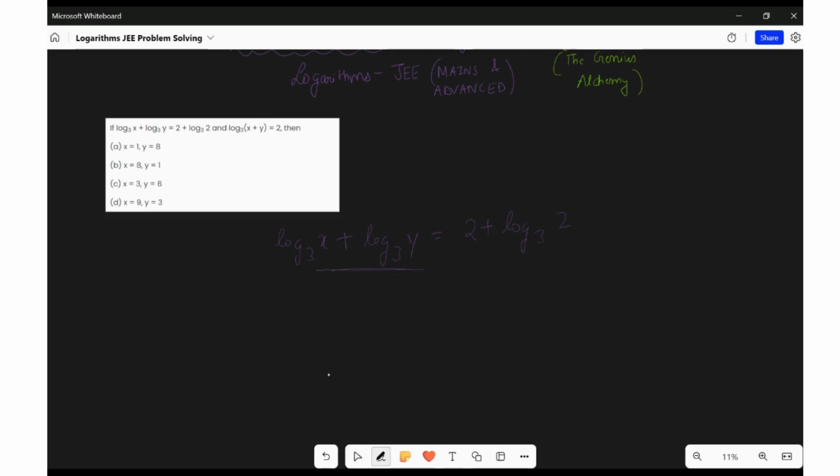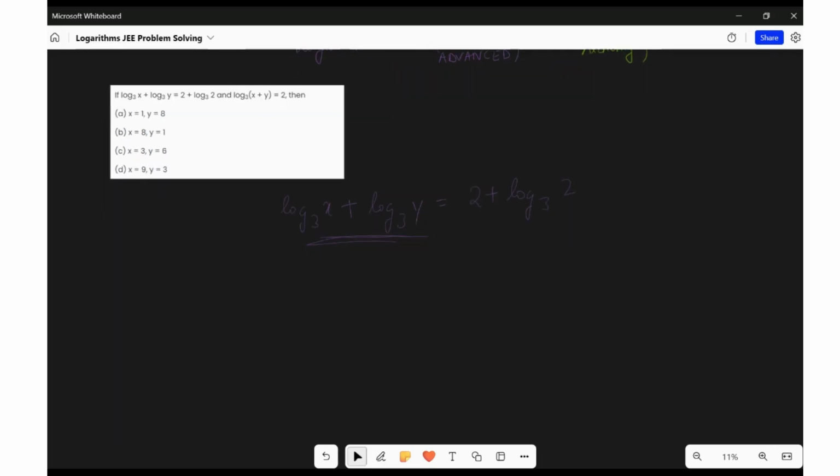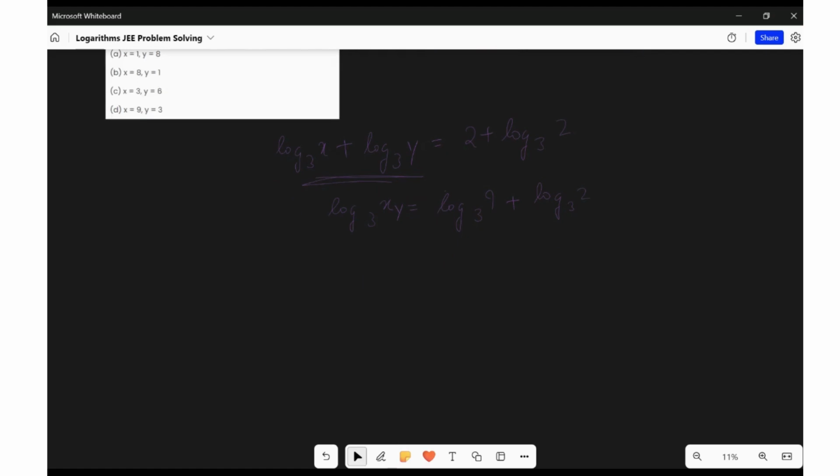Now here we can write log xy base 3 using the law of logs is equal to, now 2 can be written as log 9 base 3. We are doing this to simplify this log 2 base 3. So log xy base 3 is log 18 base 3. So xy is 18. Alright.